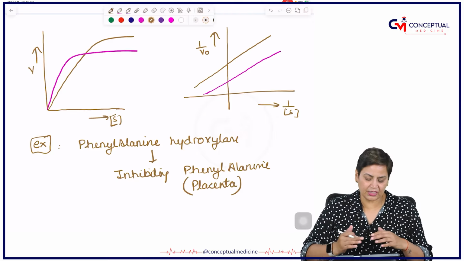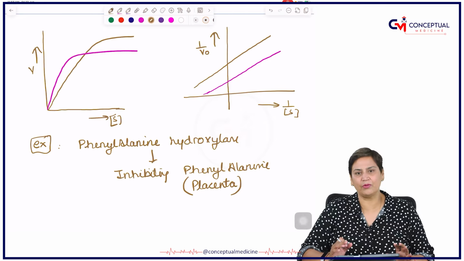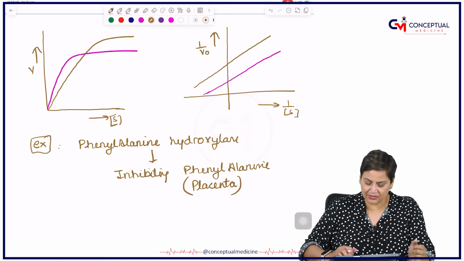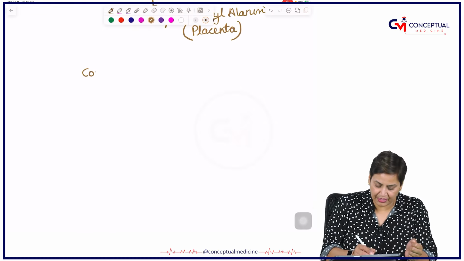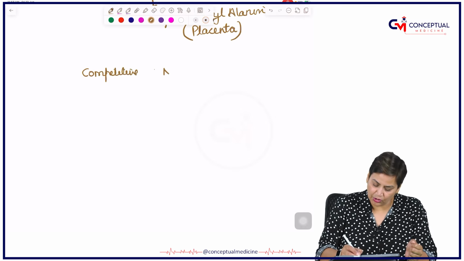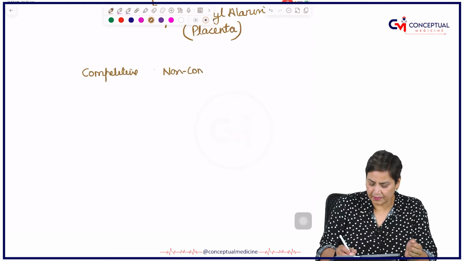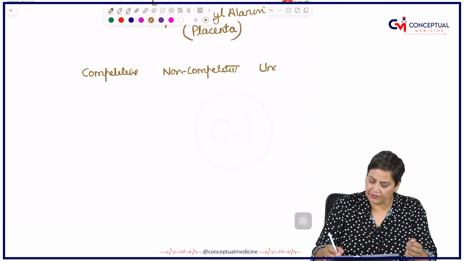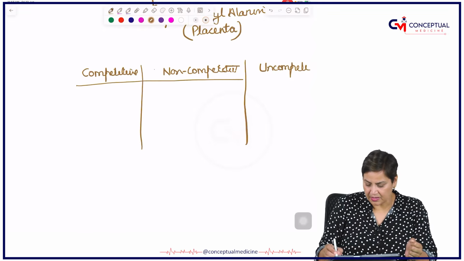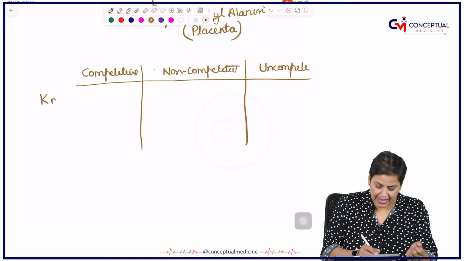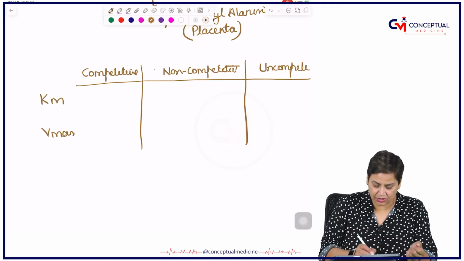So if we have to correlate all the different types of inhibition which we studied, I'll just quickly summarize. We studied three types of inhibition. One, the competitive one. Second, the non-competitive one. And third, the uncompetitive one. Right. And if we talk about the differences, there are only two parameters, Km and Vmax, by which we can differentiate these inhibitions.